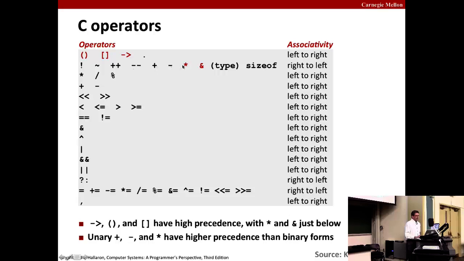That's followed by unary operators, so the star, the dereference operator, and then the address-of operator. They fall right below the highest precedence operators, and then the binary versions of operators that you use in arithmetic operations are below those. So just remember that function and array is higher than star, the dereference.